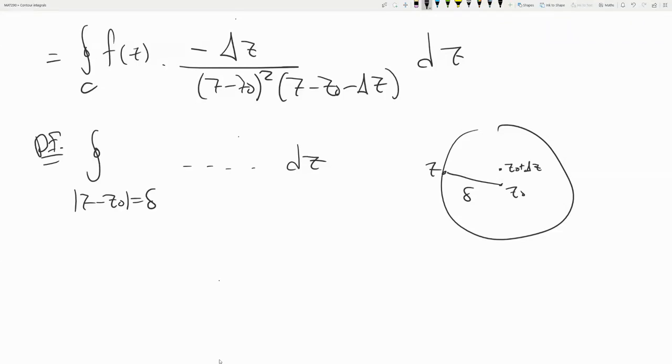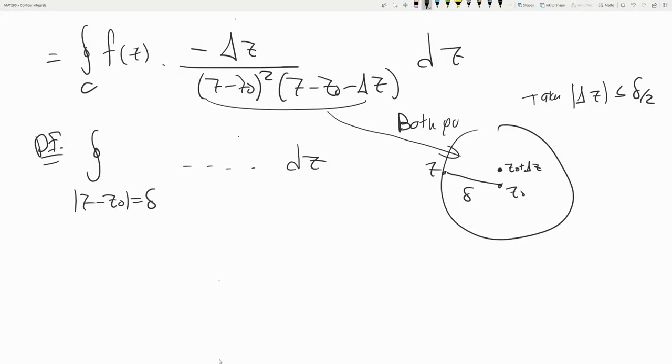So do deformation of contour and take delta z to be less than delta over 2, so that both poles are inside, z minus z naught less than delta.